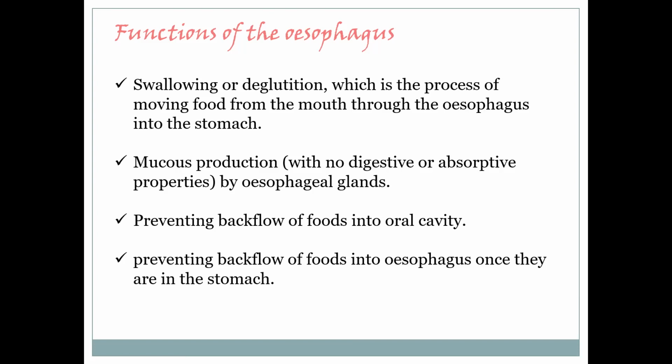But esophagus is not involved with digestion or absorption. But it has glands which produce mucus to moisten food boluses. And it has sphincters which prevent backflow of foods into the oral cavity.